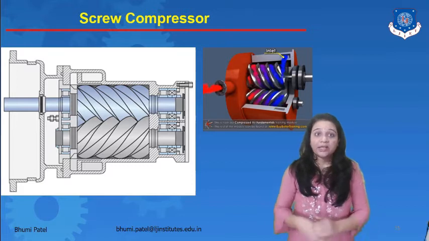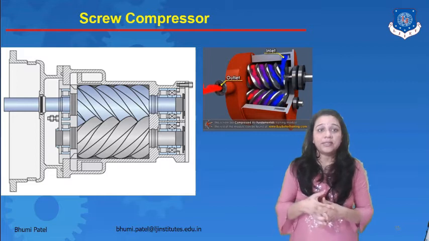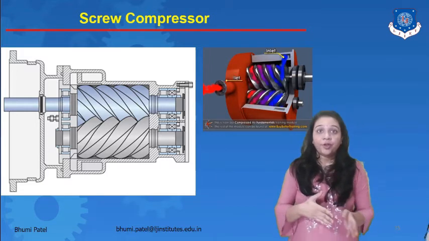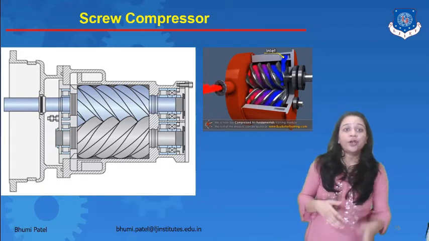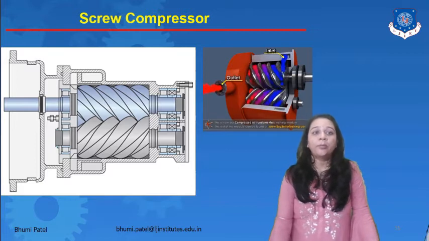The pressure of the screw compressor is about 100 psig, and the flow range is about 400 to 1300 standard cubic feet per minute.